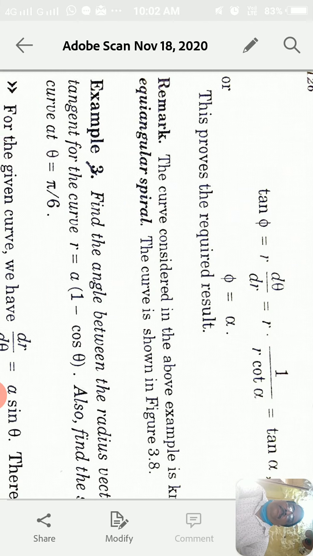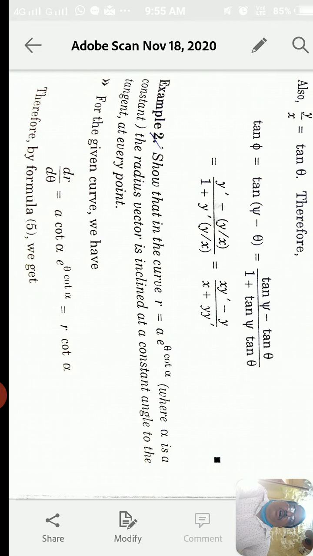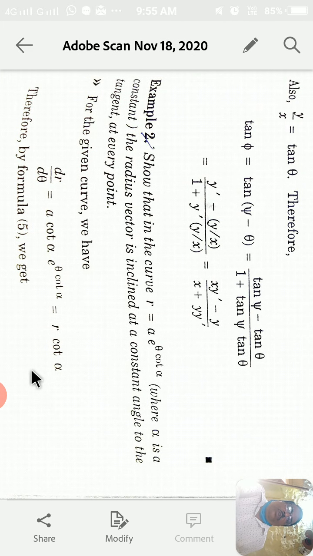Next we find tan phi. As we know, tan phi is r into d theta by dr, where phi is the angle between the radius vector and the tangent. D theta by dr is equal to 1 by dr by d theta. Dr by d theta we already determined is r cot alpha, so substitute here.